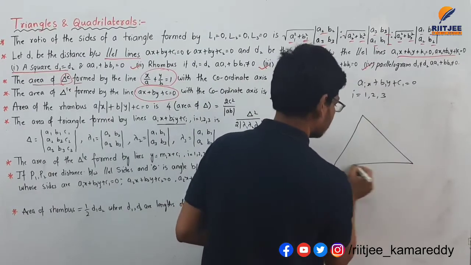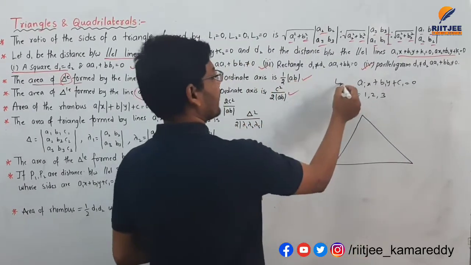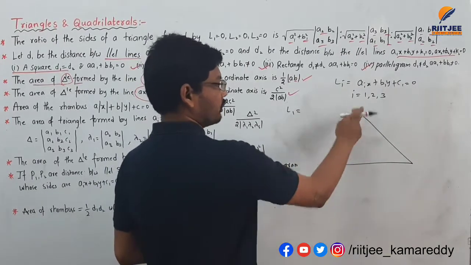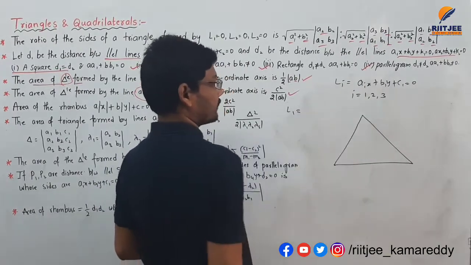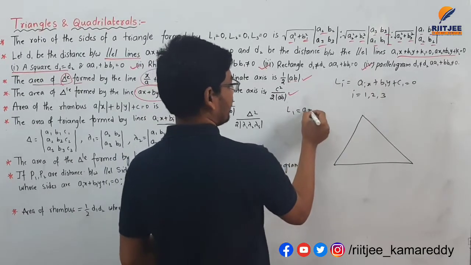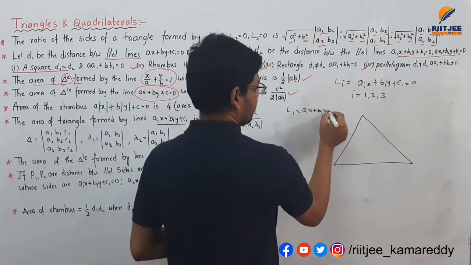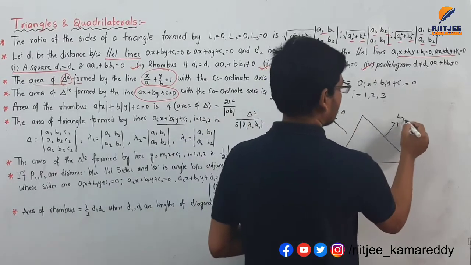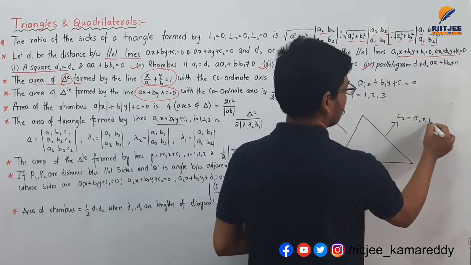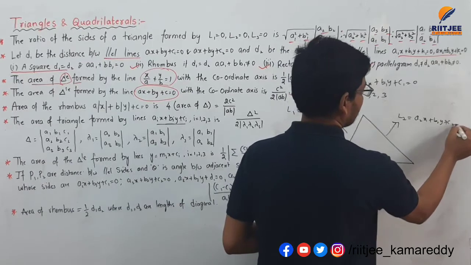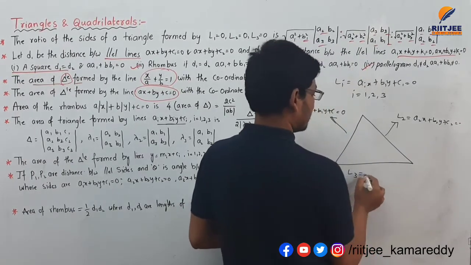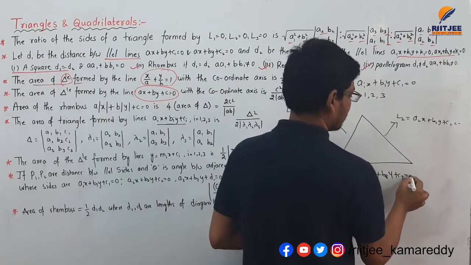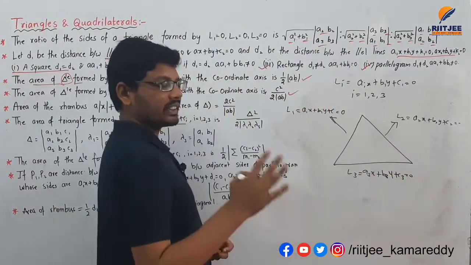If we substitute 1, 2, 3 in this expression, we'll get L1 is equal to A1x plus B1y plus C1 is equal to 0. This is one equation. And L2: A2x plus B2y plus C2 is equal to 0. This is L3: A3x plus B3y plus C3 is equal to 0. Here we have 3 straight lines.